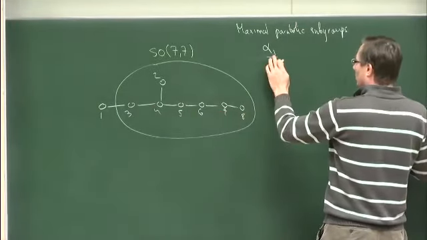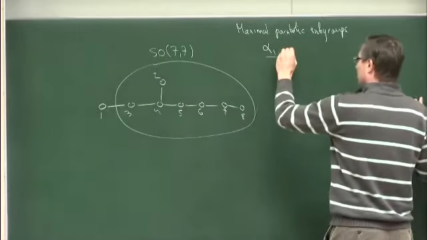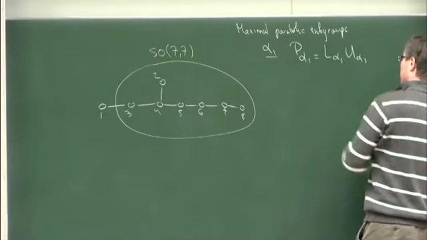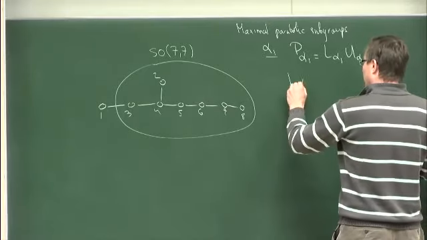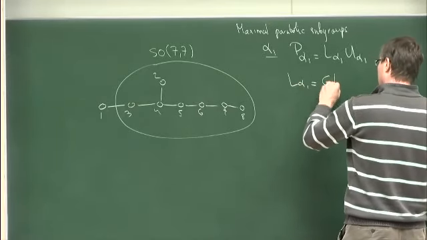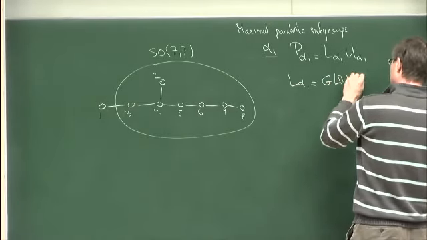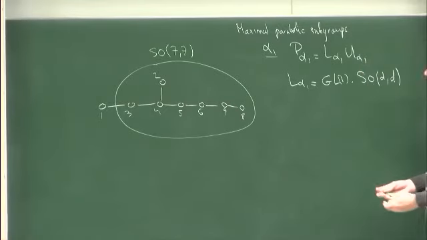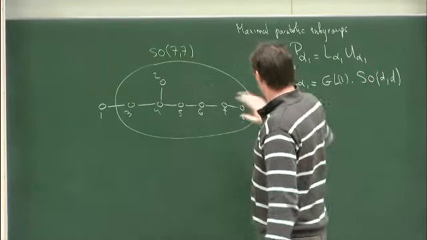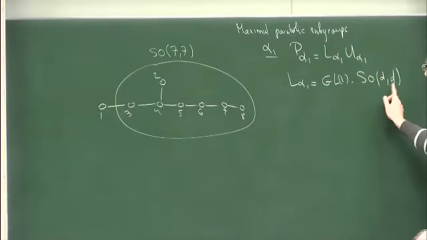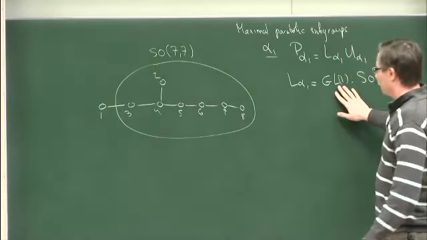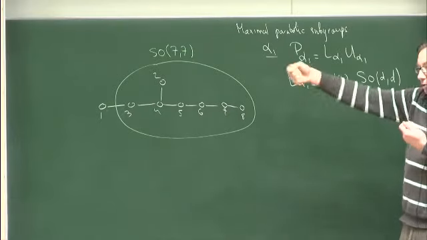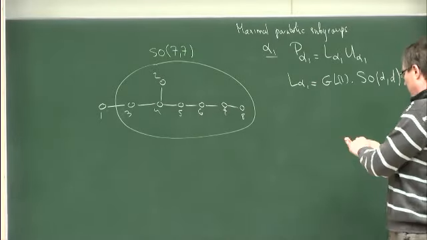The maximal parabolic subgroup P_alpha1 has a Levi factor and a unipotent factor, and the Levi factor L_alpha1 will be of the form GL1 times SO(D,D), which is SO(7,7) for E8. GL1 is the parameter that tells me how I'm approaching the cusp, the string coupling constant.